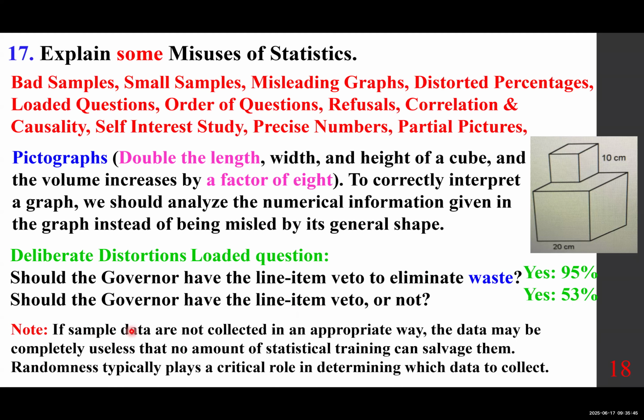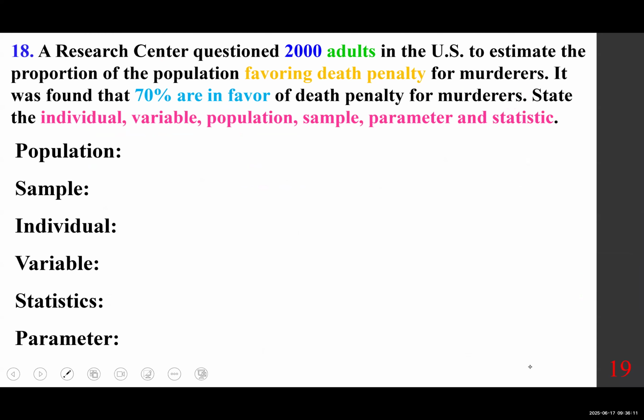Note, if sample data are not collected in an appropriate way, the data may be completely useless, that no amount of statistical training can salvage them. Randomness typically plays a critical role in determining which data to collect. So randomization is a very important part of a statistical study.